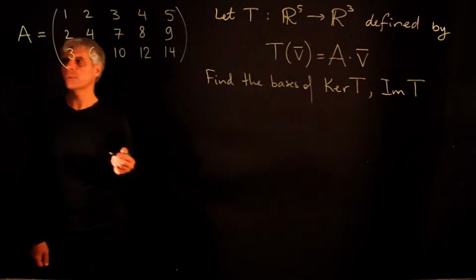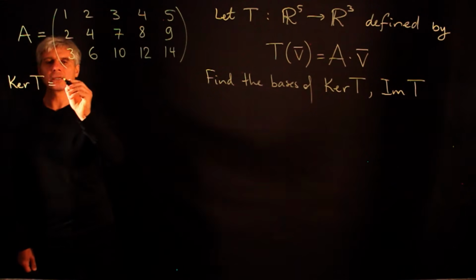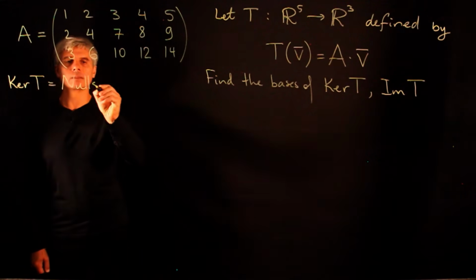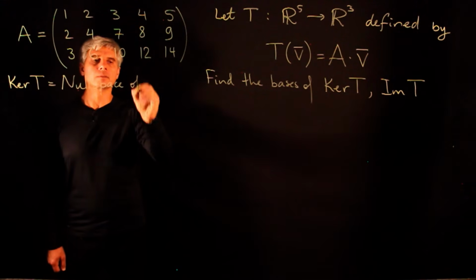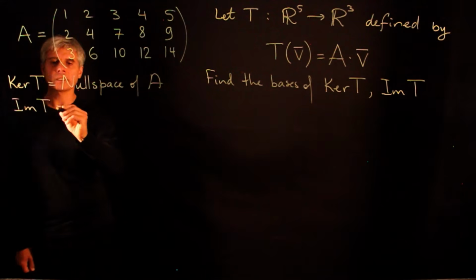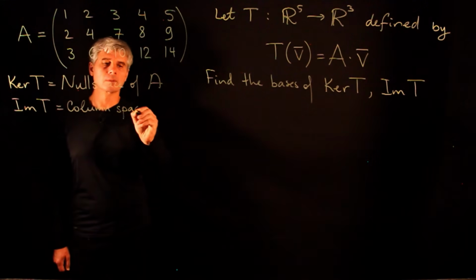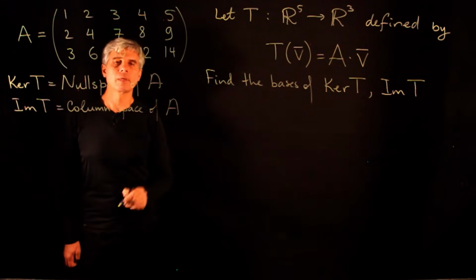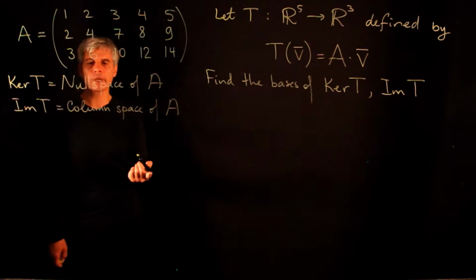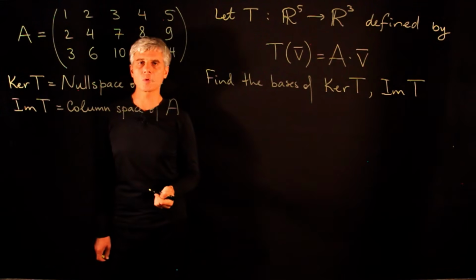According to what we said before, kernel of T is the null space of A, and image of T is the column space of A. So to find the basis of the null space and the column space, we need to do row reduction.